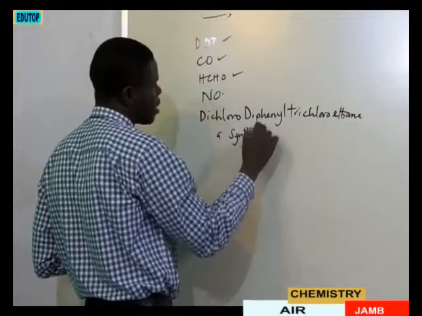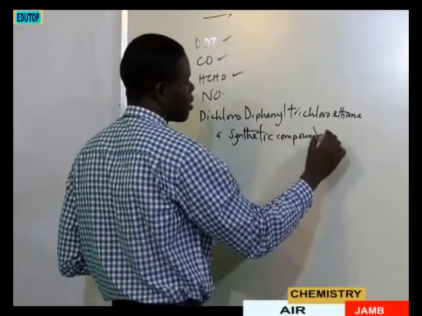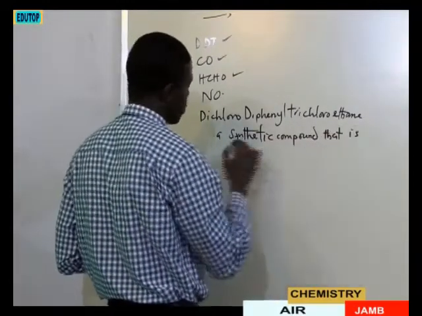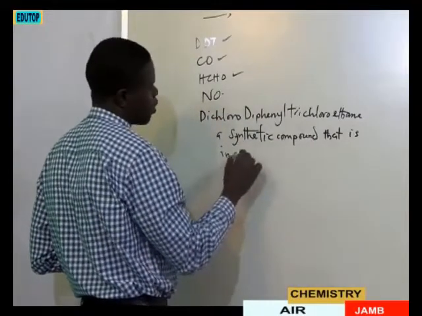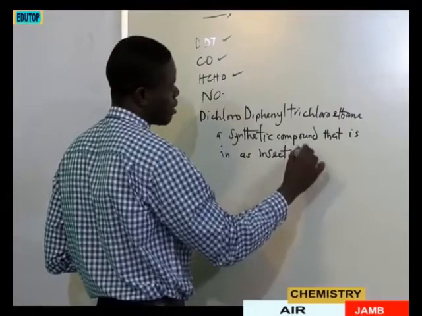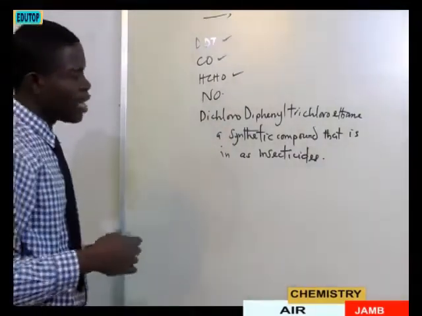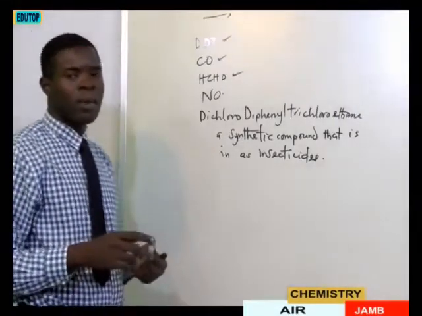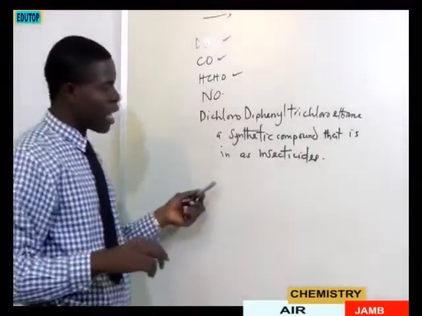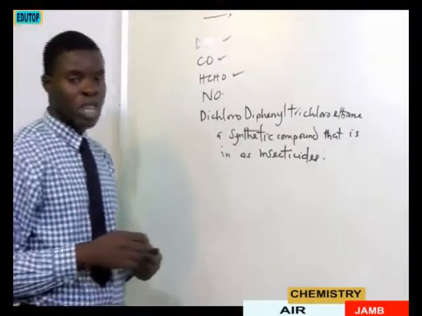It is a synthetic compound that is used as what? Insecticides. It persists in the environment and has more concentration in animals, especially at the head of the what? The food chain.